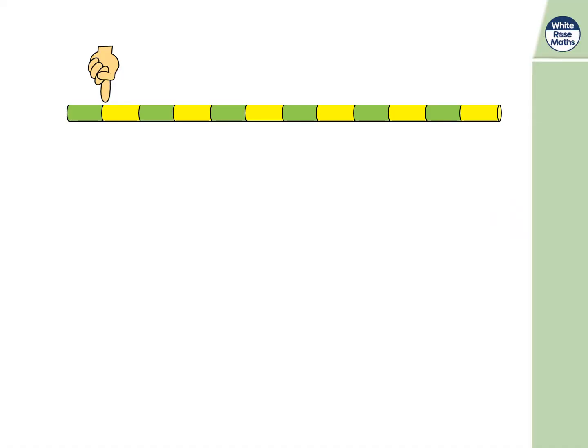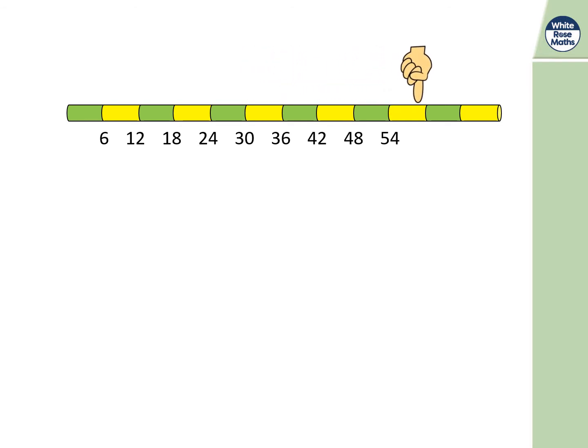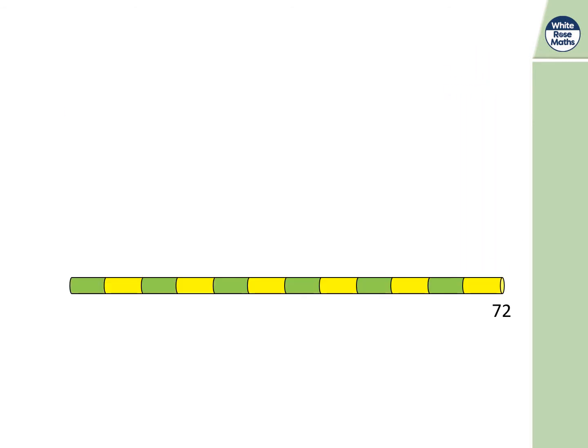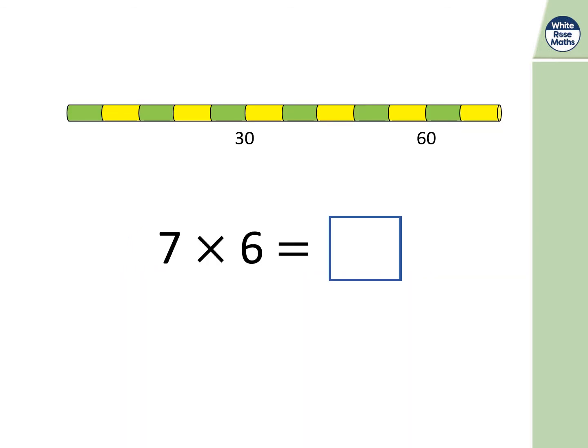Okay, so look at the stick and we're going to count up in 6s. So 6, what's next? 12, what's next? 18. So we can also use this to work out what 7 times 6 is.